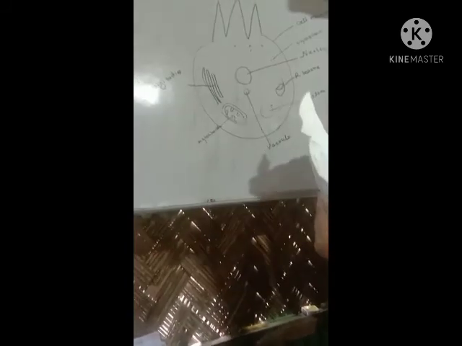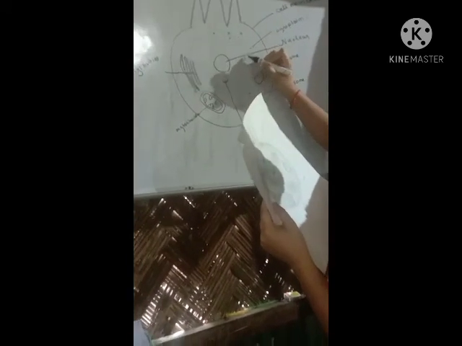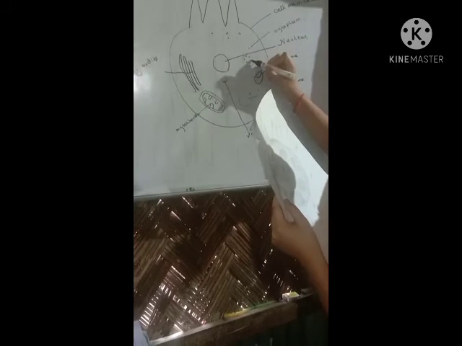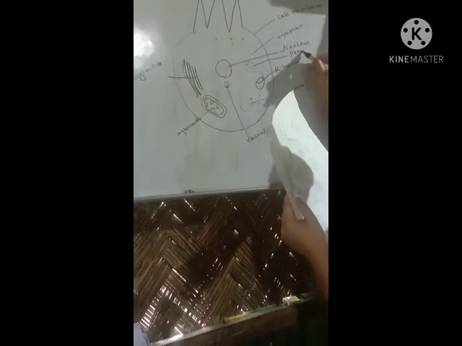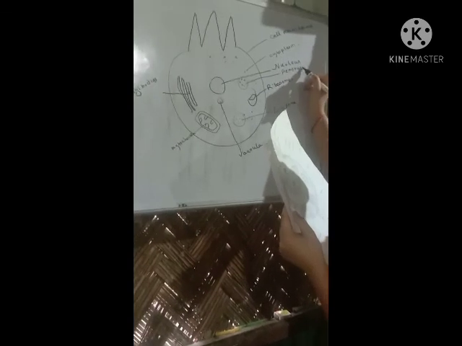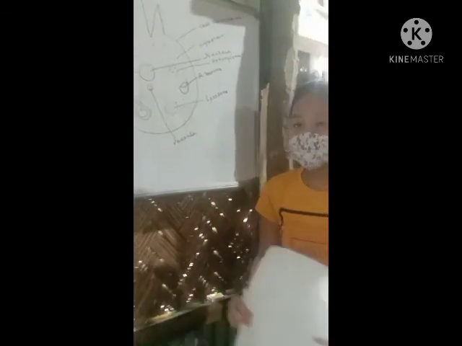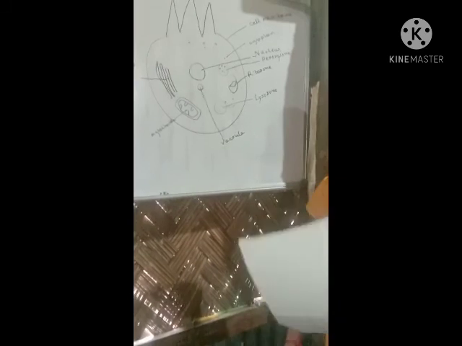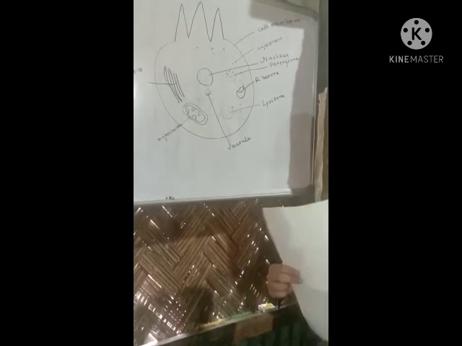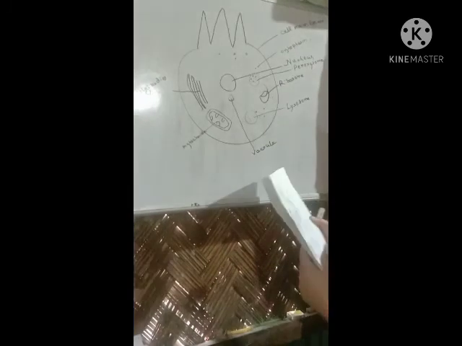And peroxisomes are also present in animal cell, which are single membrane and act as a safety valve.